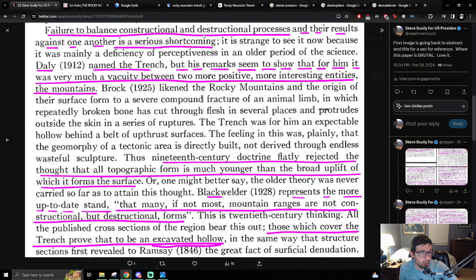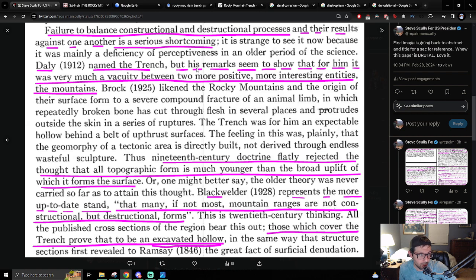Failure to balance constructional, which the current compacts material and brings things together, but also cuts through it and destroys the formations, constructional and destructional processes, and their results against one another, is a serious shortcoming.